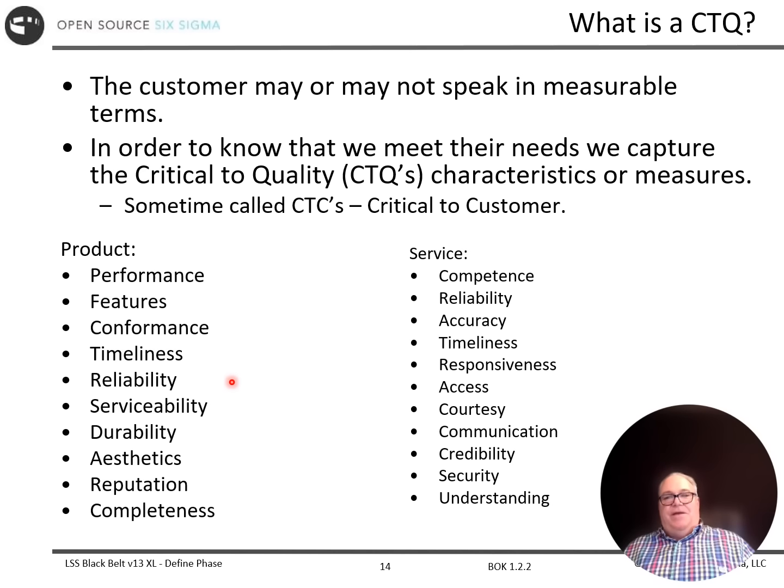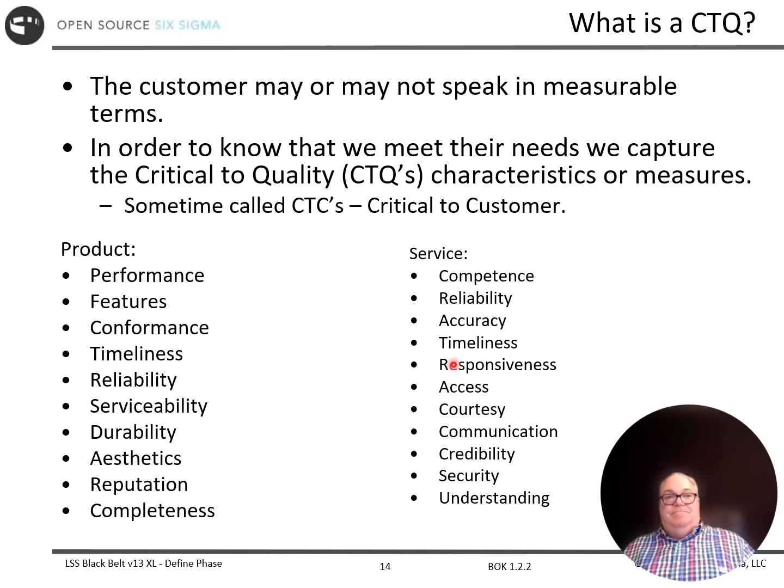Hey, reliability. I work a lot in the reliability side of the business. Does it break? So serviceability, durability go together with that. Hey, you have a good reputation in the marketplace.